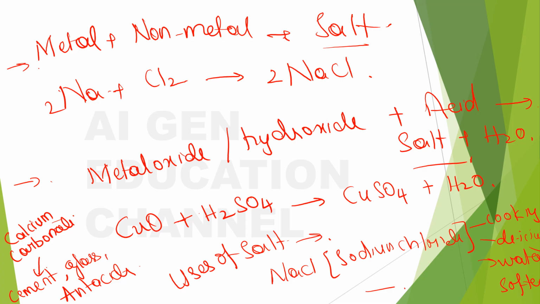And apart from that, magnesium sulfate is a type of salt, and it is popularly called Epsom salt. It is used as a laxative and is used in agriculture.